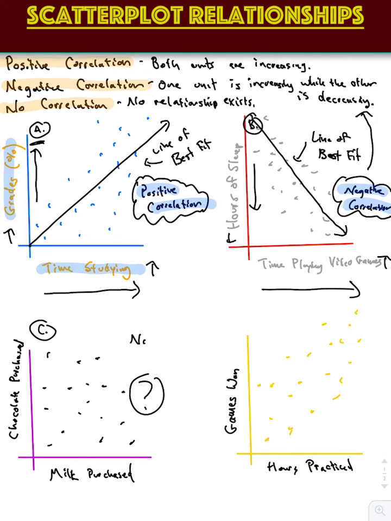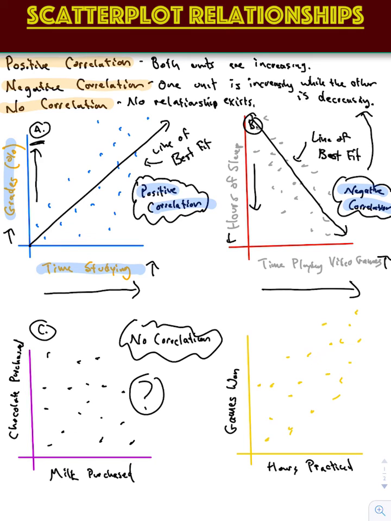In this case, it's no correlation, and there is no line of best fit to really draw. That's because there's no relationship that exists or no connection made. Some people that buy a lot of milk at a grocery store might buy a lot of chocolate. Other people that buy a lot of milk might not buy a lot of chocolate. So there's really no connection between the amount of milk someone buys and the amount of chocolate someone buys, so there's no correlation.